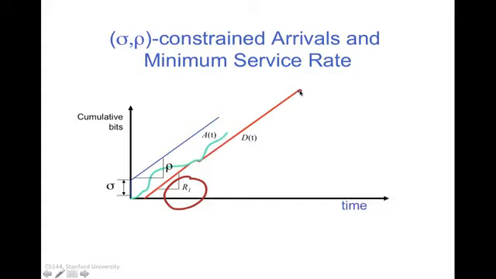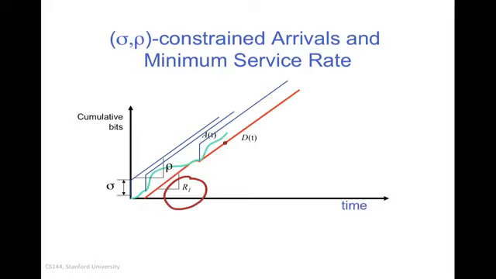And I'm going to constrain A of t to always lie below this sigma plus rho t line. Remember that this constraint must be held for all times wherever I start the sigma plus rho t. So if I slide it along, for example, starting here and starting here, it must be true on all of those occasions.